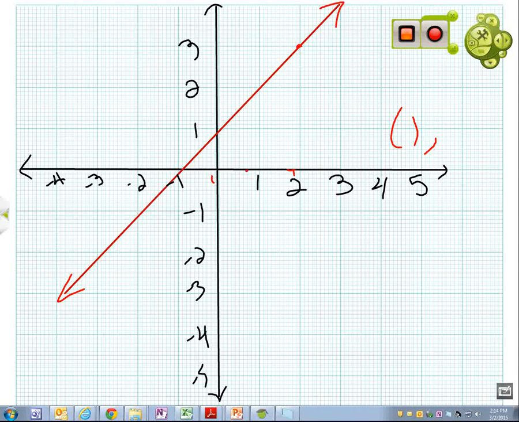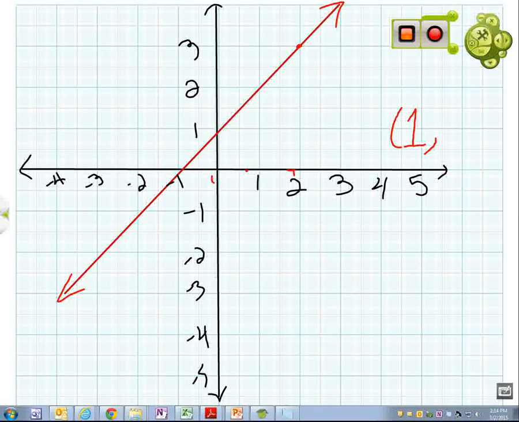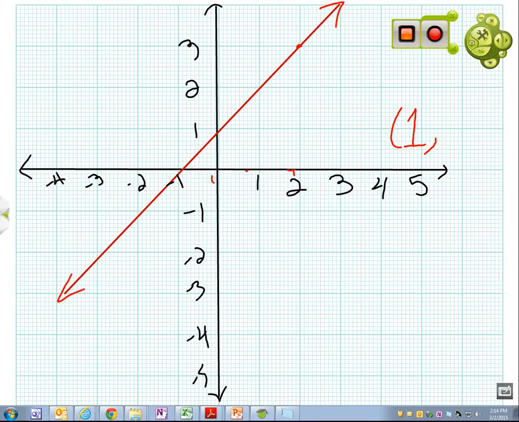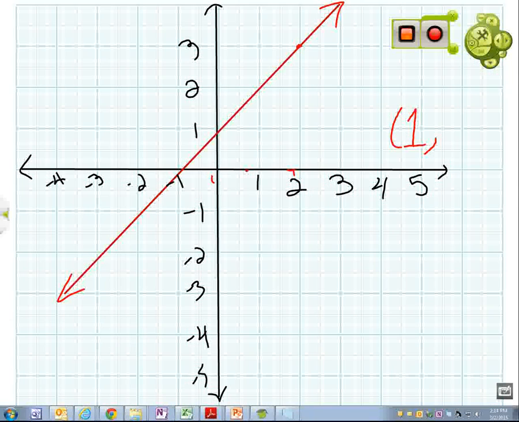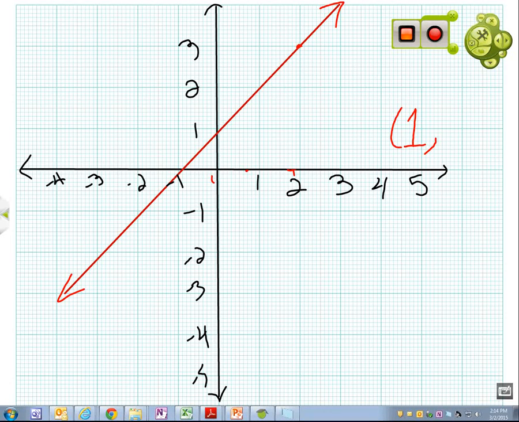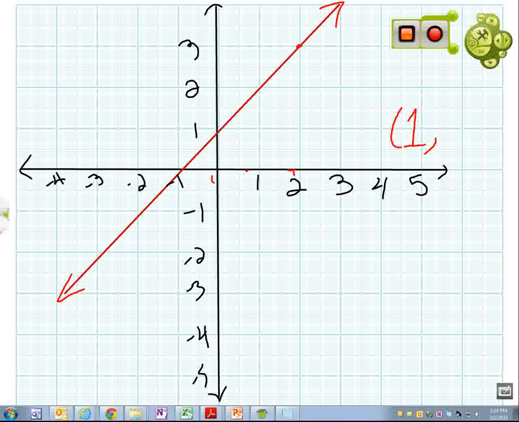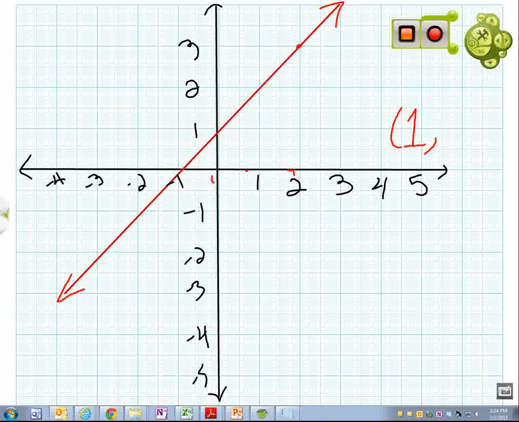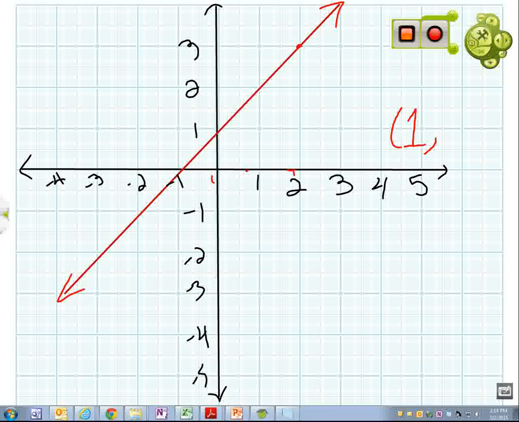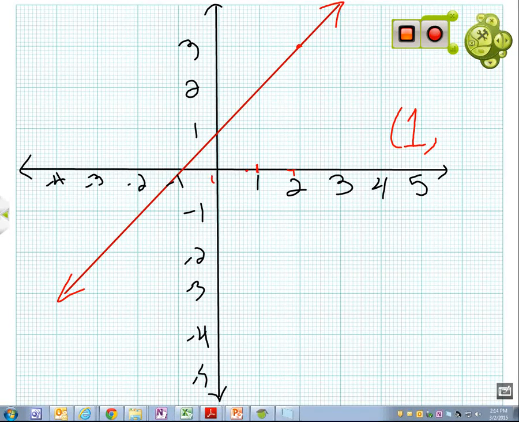If my x coordinate is 1, what is my y coordinate? Where x equals 1. Corey? 0. So when my coordinate is with the 1, the y is 0.